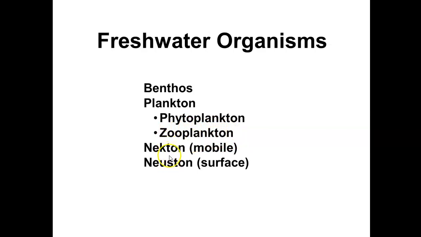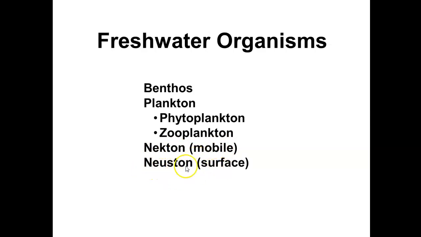And then we also have what are called nekton, which are mobile life forms, so fish, and out in the oceans, marine mammals and fast-moving crustaceans, that are able to move and determine where they are, irrespective of what the currents in the water are.